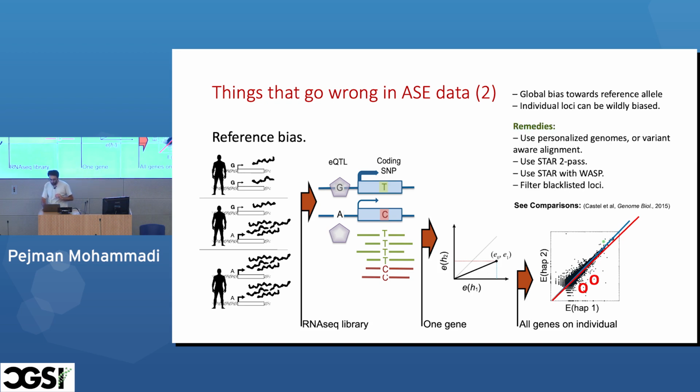Now, there are different ways people have tried to remedy this. You can't fully get away from it, but there are tools to help. You could align to a personalized genome, or do 2-pass alignment with STAR. There's a tool called WASP that takes the reads, switches the allele at this position, and realigns them. And you could also use blacklisting to get rid of the sites that you know aligners just don't do a good job on.